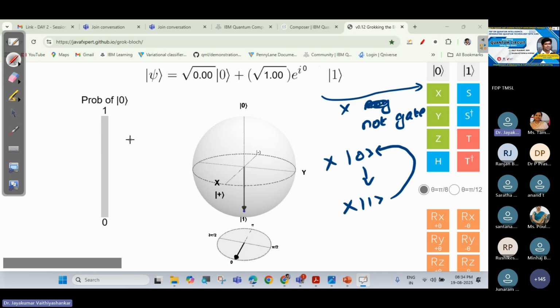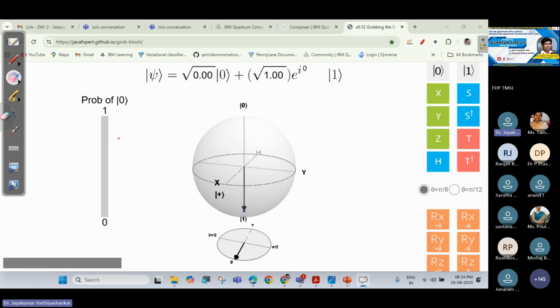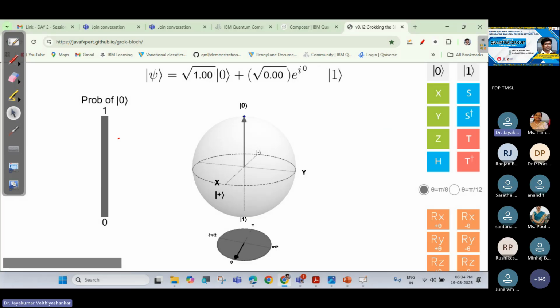So applying two X gates next to each other will cancel each other. I will repeat: click state 0, click X gate, it will turn into state 1. Clicking X again, it goes back to state 0.